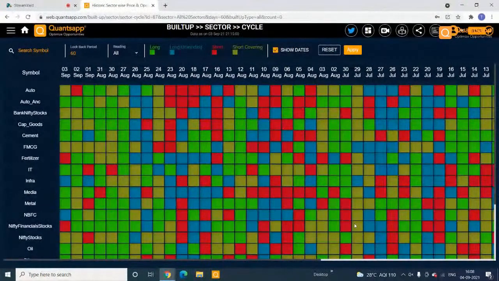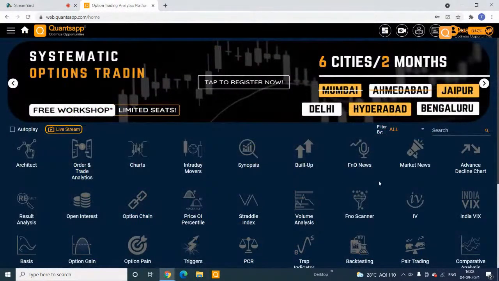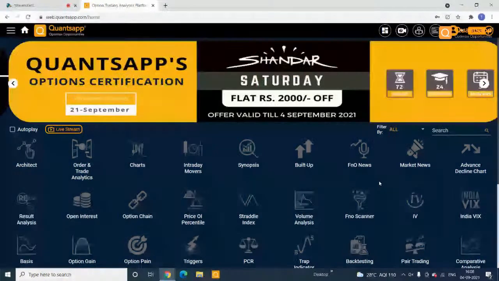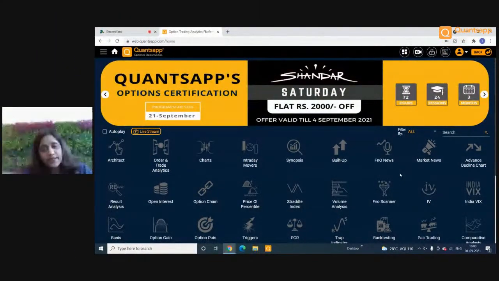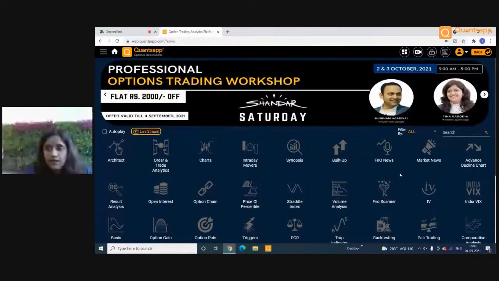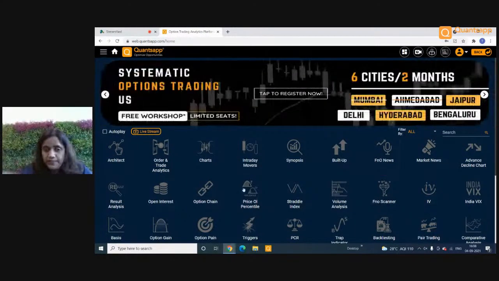Where is the future price going? Is the futures OI up or not? But if I want to understand the option behavior, where are the calls being written? Where are the puts being written? How is the sector performing? Is there any short covering in the sector? We don't see that anywhere, right?